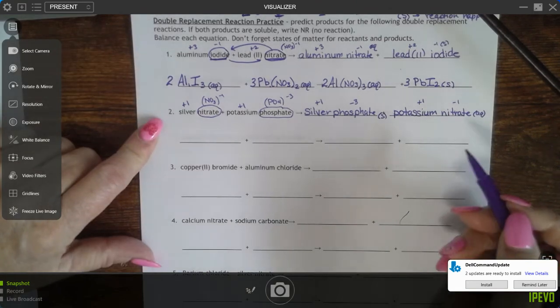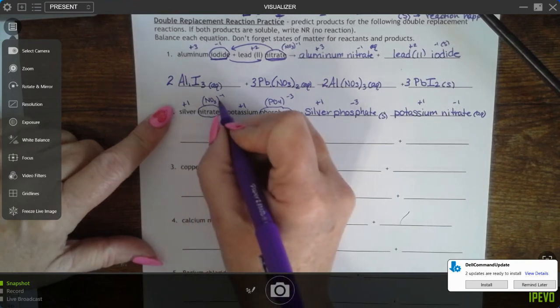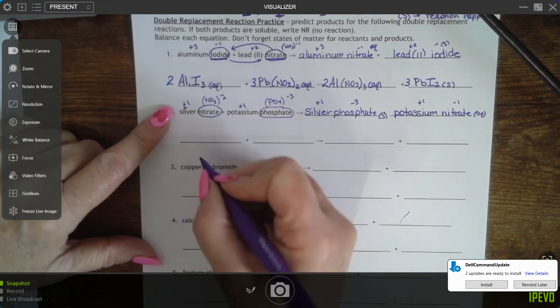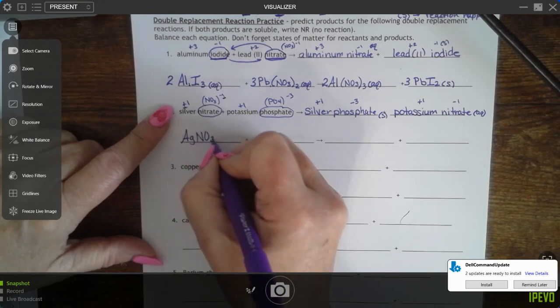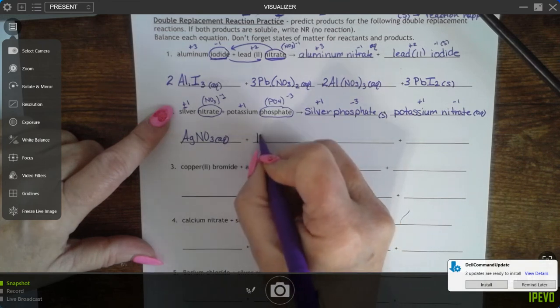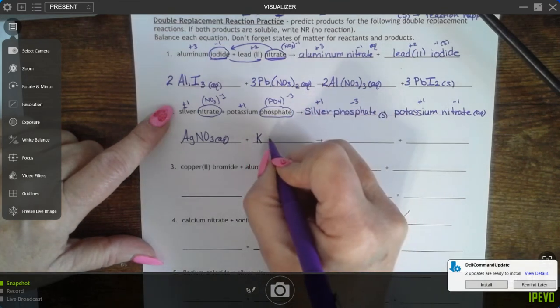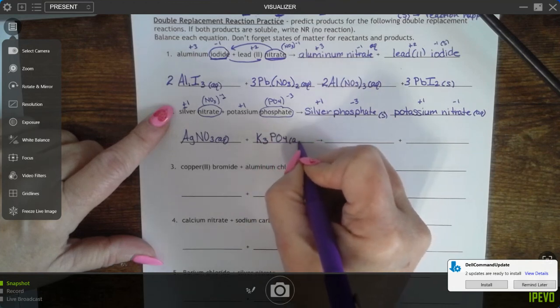All right. So we have silver nitrate. So silver is Ag. These are both 1. So we have AgNO3, aqueous. And then we have potassium. The charge on phosphate is 3. So K3PO4.